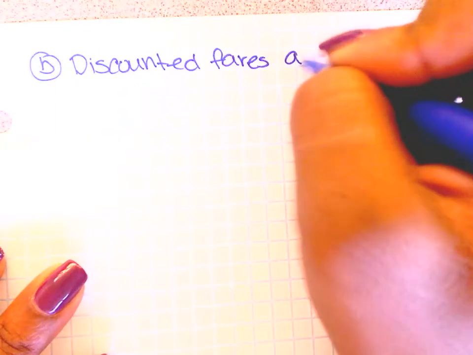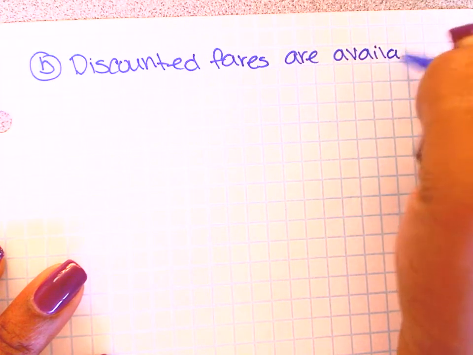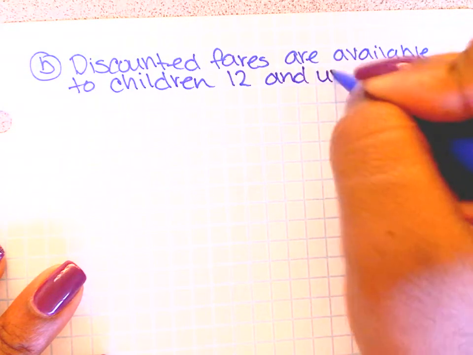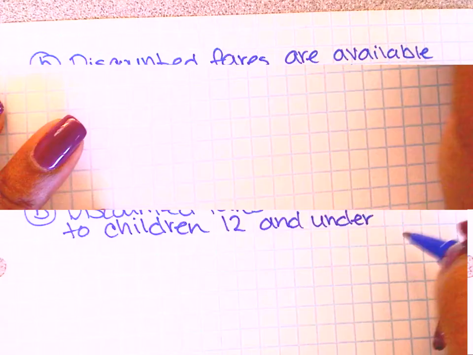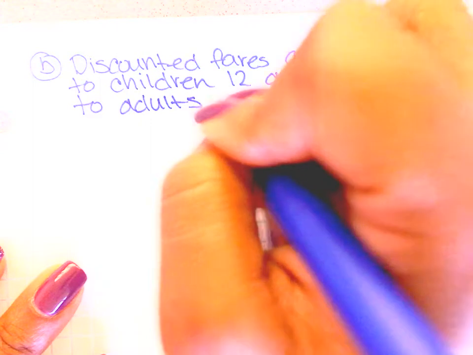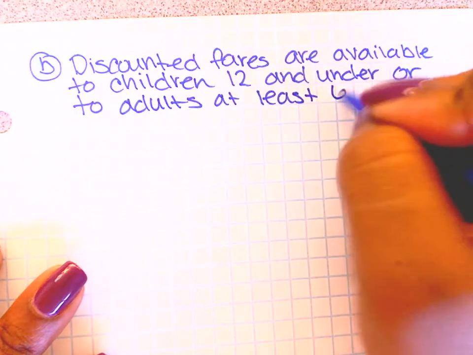Okay. All right. You might also get something that asks you, this is letter B. Discounted fares are available to children, write with me, 12 and under, or to adults at least 60 years of age.